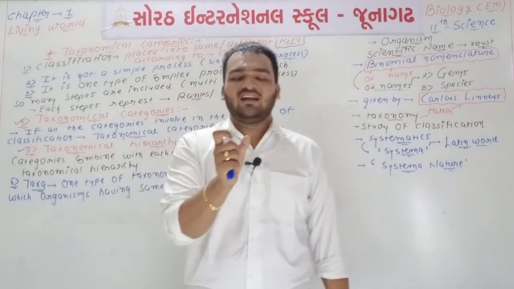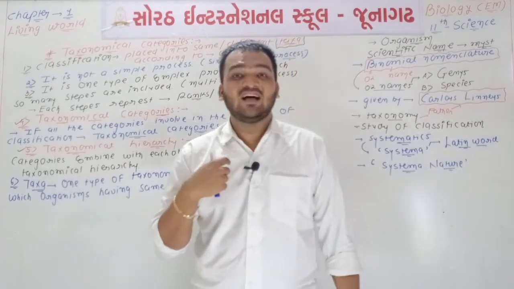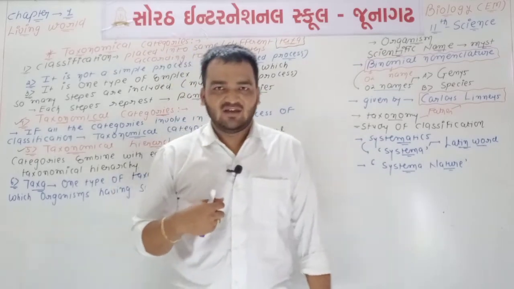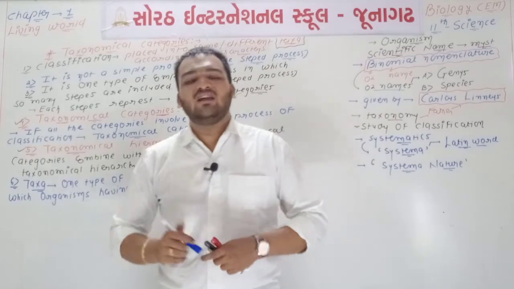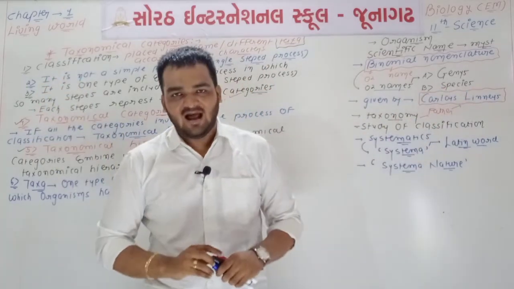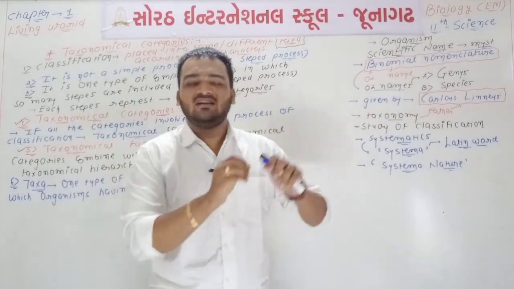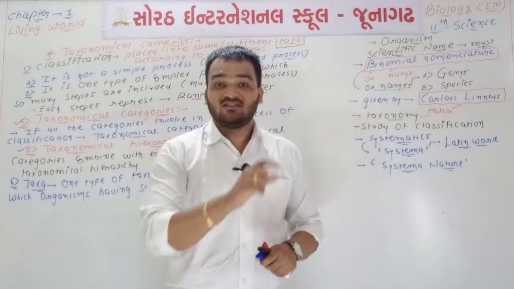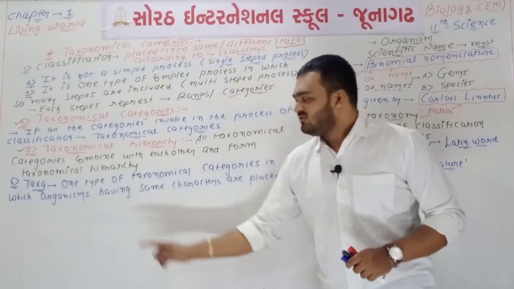So animal is one type of category because the characters of you and me are the same. If we talk about the mango tree and banyan tree, then both are one type of plant. Both have similar characters, so both are included in the plant kingdom. So this plant kingdom is one type of taxa.